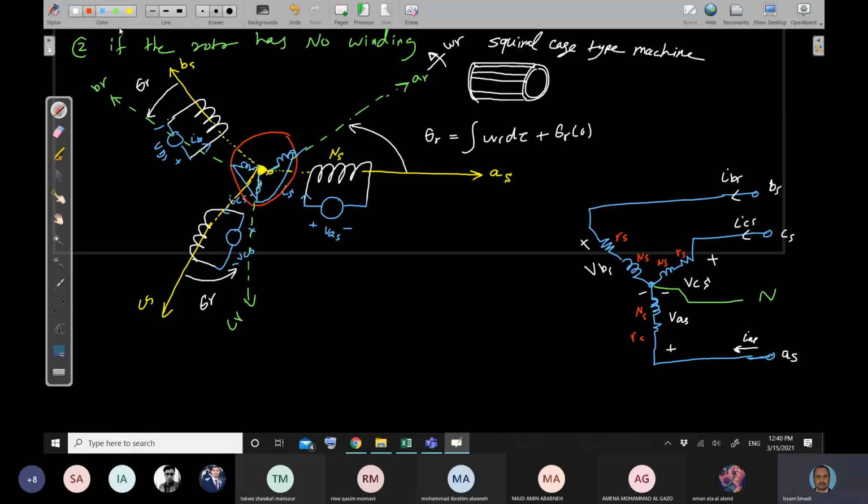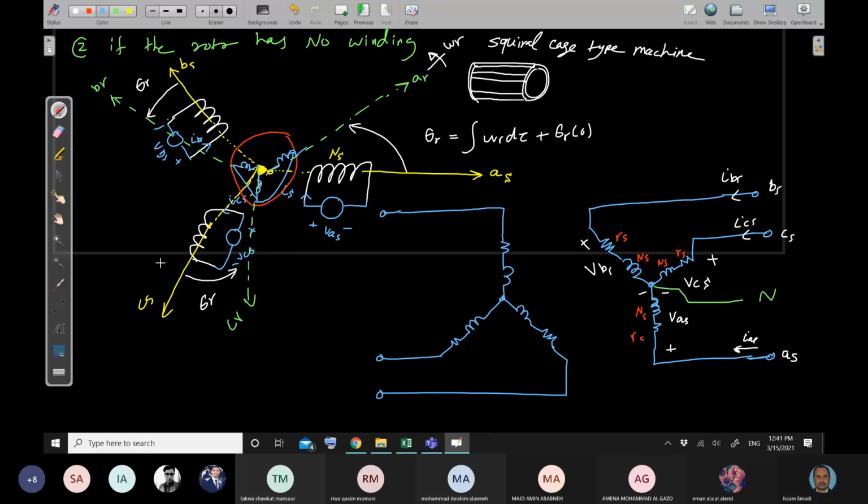Now the same thing I can plot here for the rotor circuit. If this is the AR, this will be IAR, this will be plus minus VAR, RR, NR.